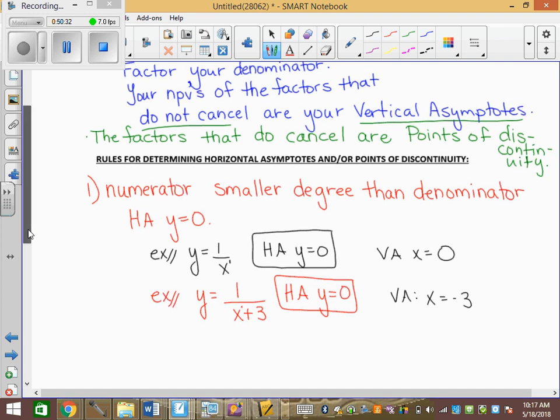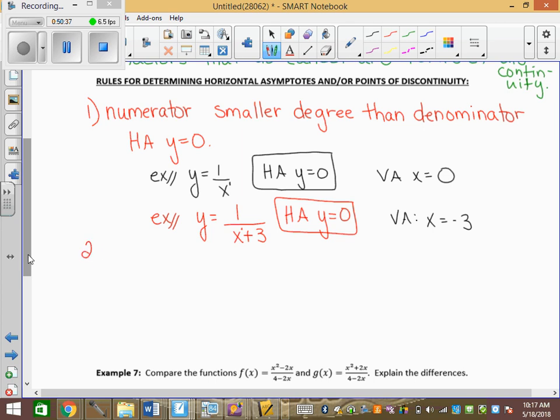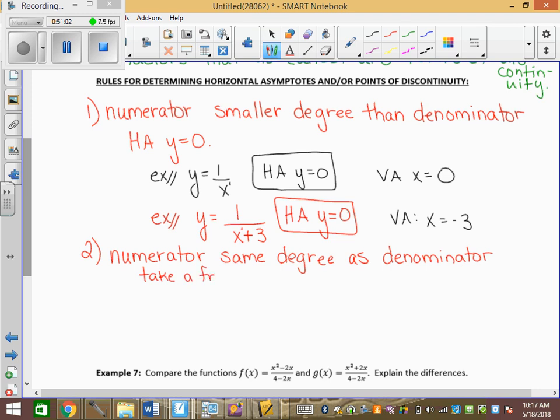Okay, number 2. This is also an easy one. Not hard. Number 2: numerator same degree as denominator. Take a fraction of the leading coefficients.